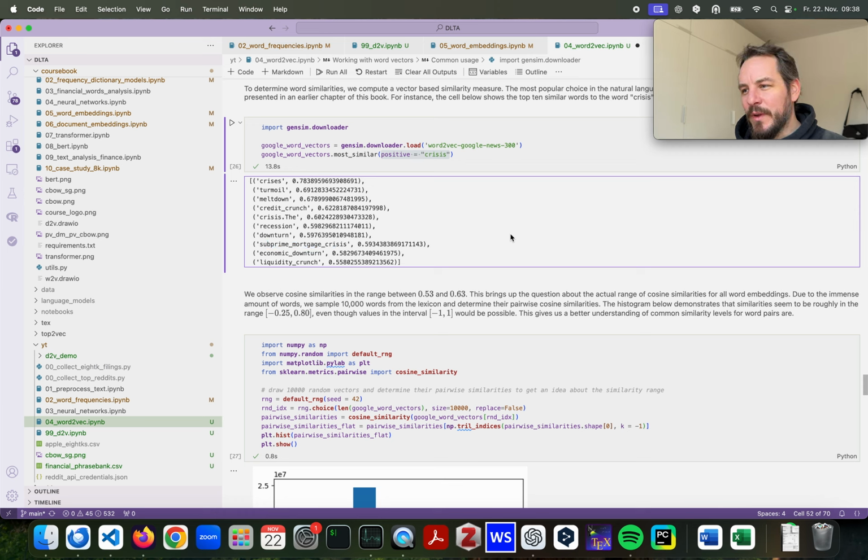A quick word about the similarity. I think in one of the former videos I may have explained this, but I'm not 100% sure. You can calculate similarity between vectors by different metrics. Here, the common one is cosine similarity. If you are used to how vectors are explained in school, very often they are used in 2 dimensions, and then you can look at the angle between the 2 vectors.